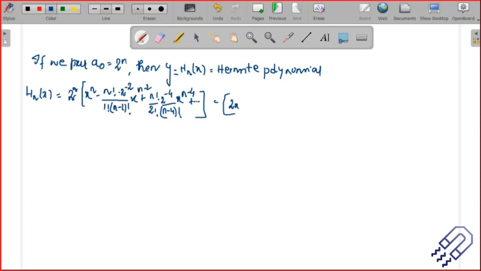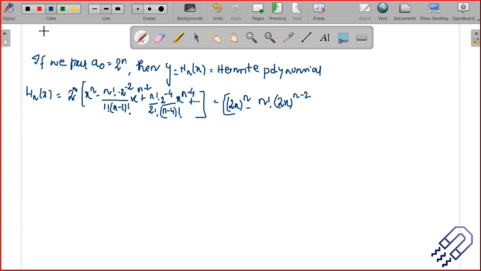So I can simply write it as 2x whole thing to the power n, minus this is n factorial, and then this is 2 to the power n, this is 2 to the power minus 2. So why have I taken this on top? Okay, and then there is an x which also has a power of n minus 2. So that means I can combine both these terms and write it as 2x to the power n minus 2.